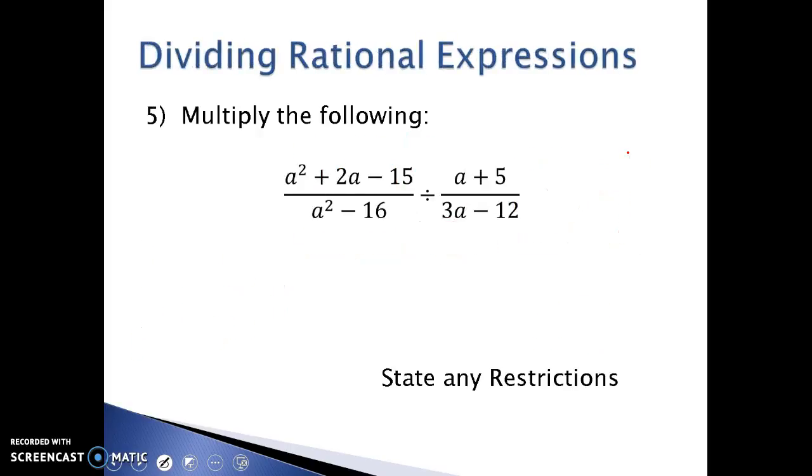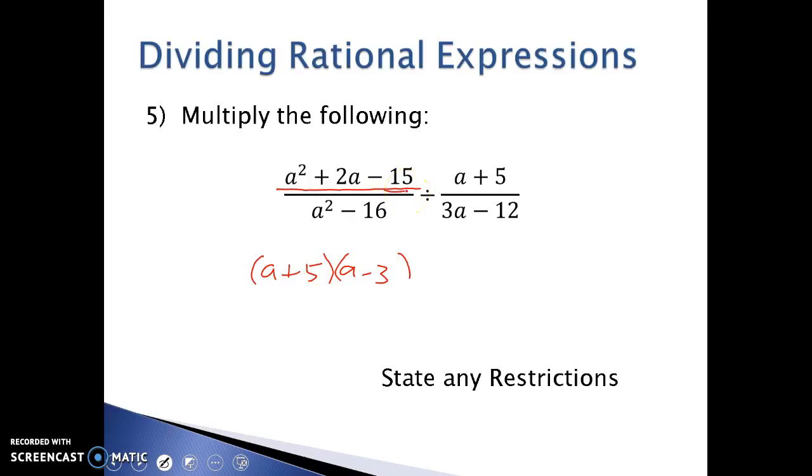Let's take a look at one more together. Here we're going to be dividing, and so I'm going to start with the first fraction. I'm going to factor the first numerator. So I'm going to take this a squared plus 2a minus 15. I'm going to write it as a times a. And I know that if I add a 5 and subtract 3, then 5 times negative 3 is negative 15.